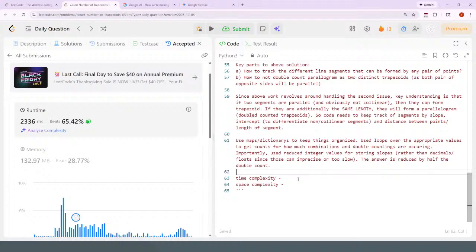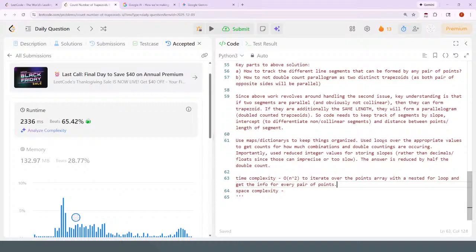Alright, time complexity, this can be O of n squared to iterate over the points array with a nested for loop and get the info for every pair of points.